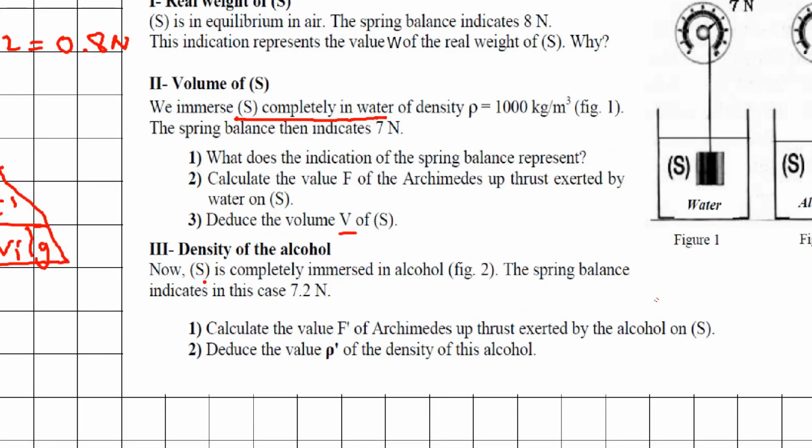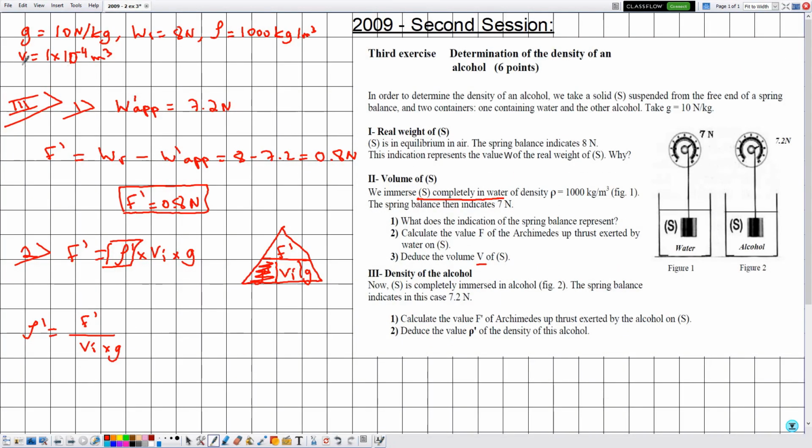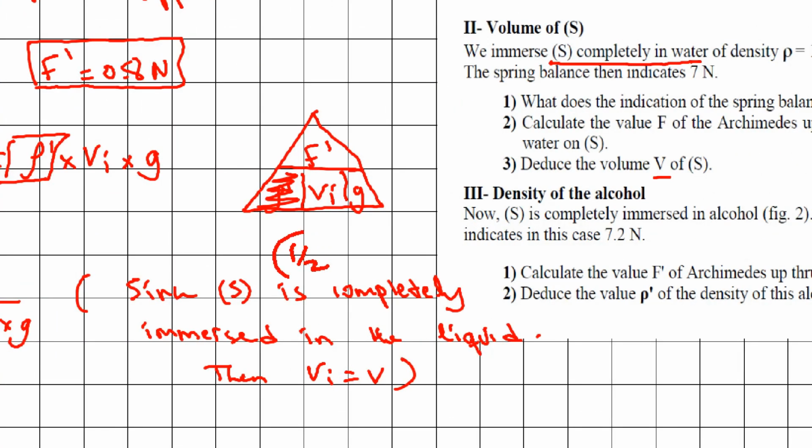Knowing that S is completely immersed in alcohol, the immersed volume will be equal to the volume of the solid. So here let's say between brackets, since S is completely immersed in the liquid, and the liquid in this case represents the alcohol, then Vi is equal to V. So usually they give half a mark for this statement, which is important.